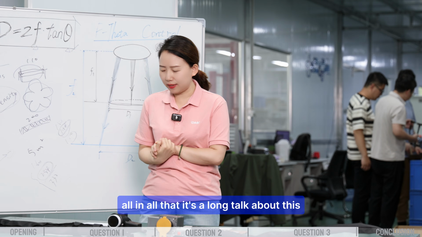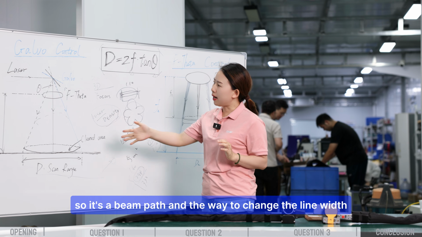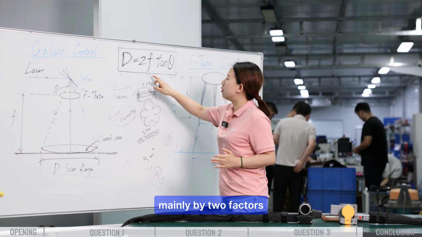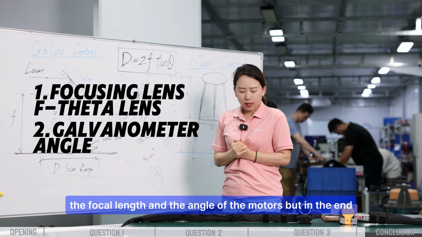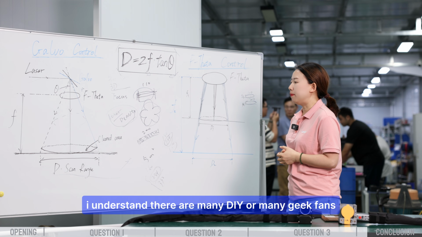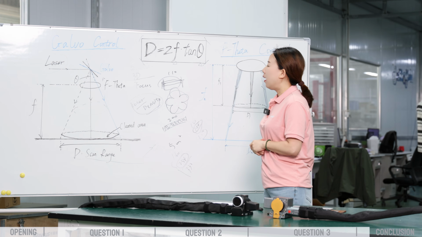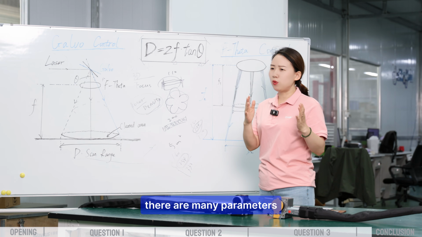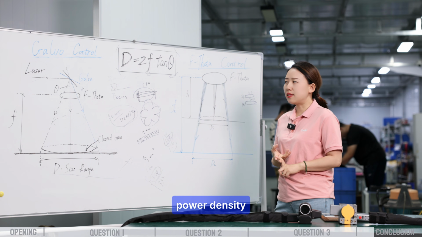All in all, it's a long talk about this, and I hope I made it clear. The beam path and the way to change the line width is mainly by 2 factors, the focal length and the angle of the motors. But in the end, I understand there are many DIY people and geeks, and there are many parameters we have been talking about: the line width, frequency, power density.